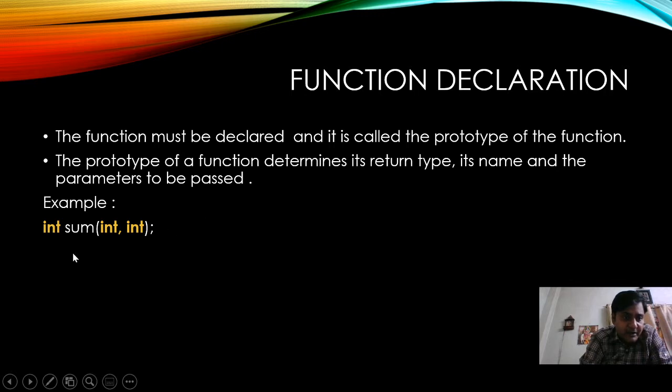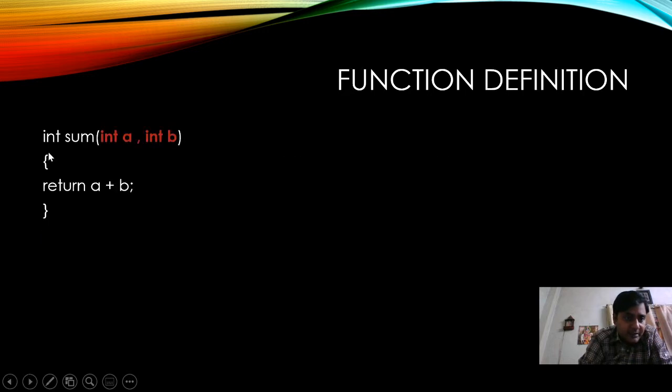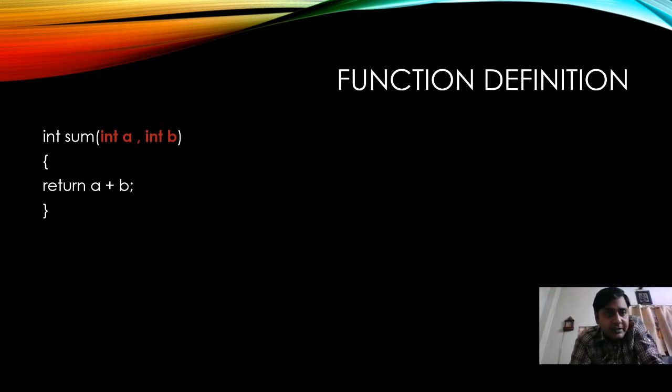it is fine, right? So when the compiler finds that the prototype is correctly declared, there is no mismatch, then you enter the body of the function, and within the body of the function I am returning the value of a plus b. And remember, it can be confusing for the beginners that I am calling the function using x y, but I am writing here int a int b.